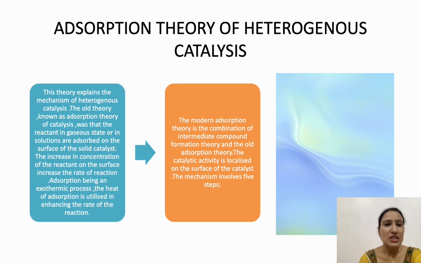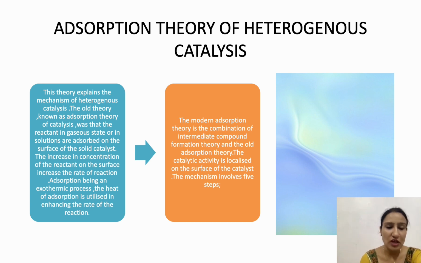Next is adsorption theory of heterogeneous catalysis. This theory explains the mechanism of heterogeneous catalyst. The old theory, known as adsorption theory of catalysis, was that the reactants in a gaseous state or in solutions are adsorbed on the surface of solid catalyst. The increase in concentration of reactant on the surface increases the rate of reaction.